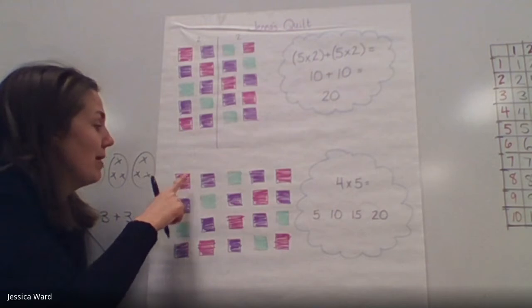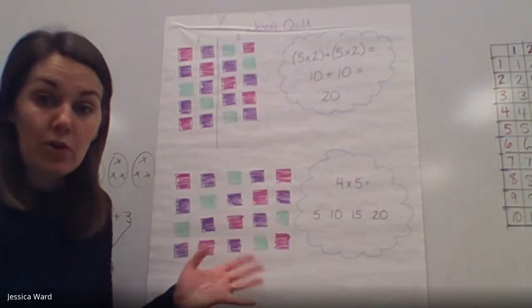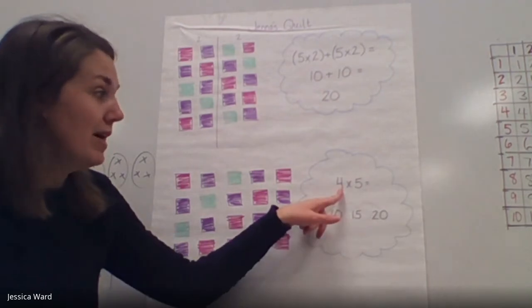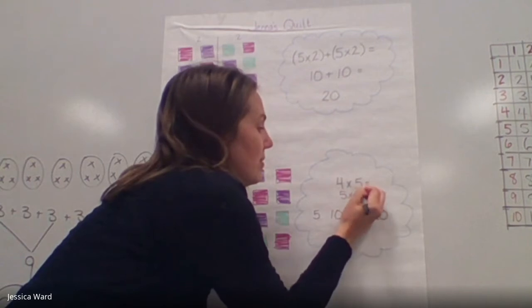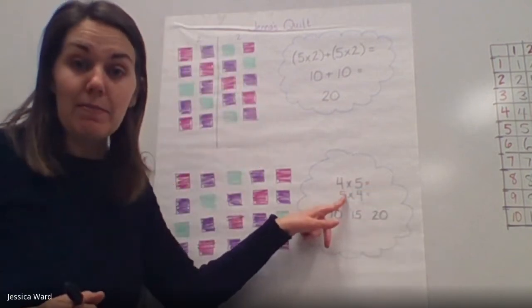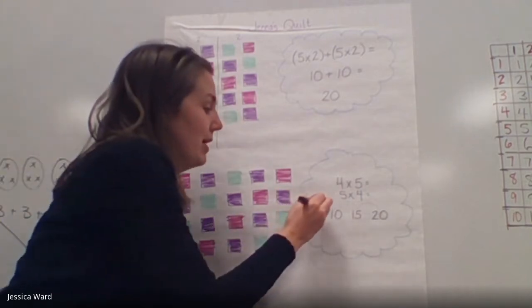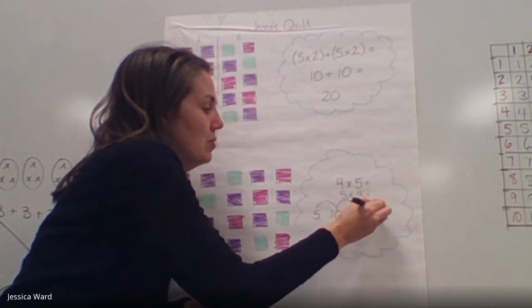And in each row, I have 1, 2, 3, 4, 5 squares. So instead of having 4 times 5, you can also think of it as 5 times 4. And we know that with 5s, I can go ahead and skip count to find my answer. So I can have 5, 10, 15, 20.